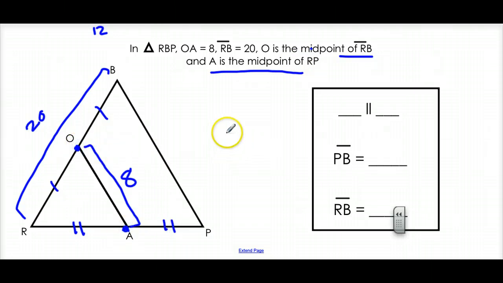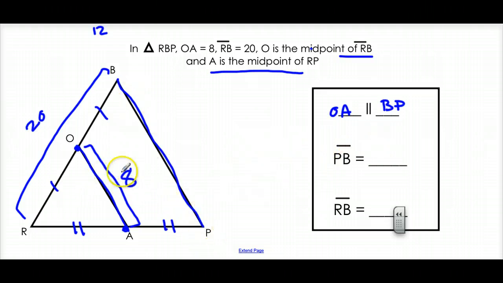Now what can I do with this information? Well, first, what's parallel to what? If OA is our midsegment, we know that's parallel to the base, and that's right here. So OA is parallel to BP. Now we also want to know the length of PB.